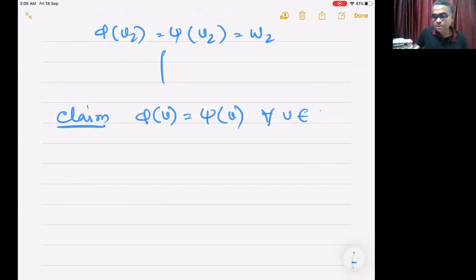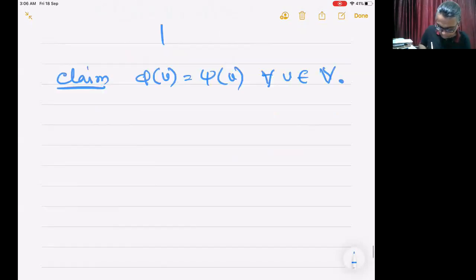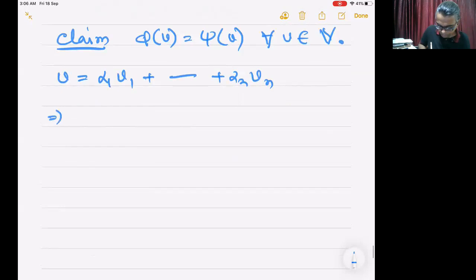That means the two maps are in fact identical, right? Why is that so? So once again, let v equal to alpha 1 v1 plus dot dot dot up to alpha n vn. Any arbitrary v can be written like this linear combination because there's a basis. This would mean phi v will be equal to alpha 1 w1 plus dot dot dot up to alpha n wn.